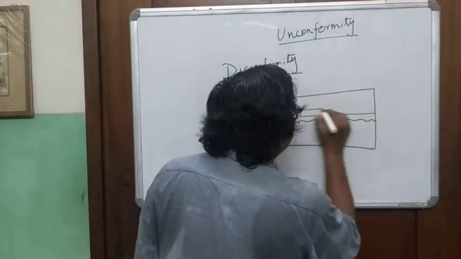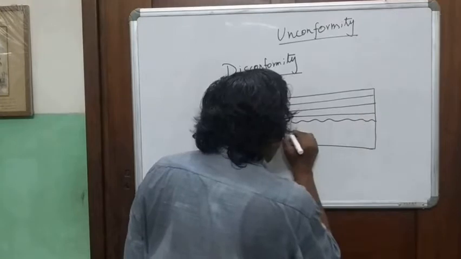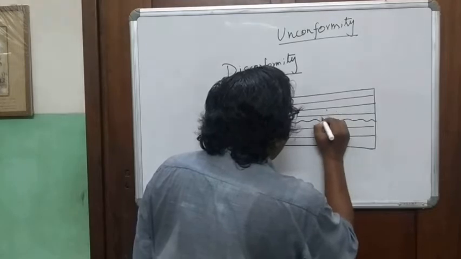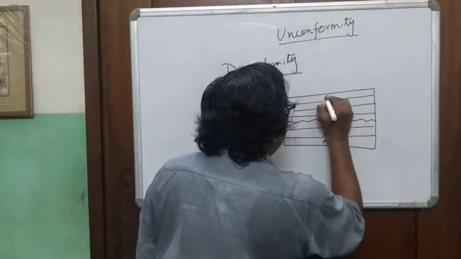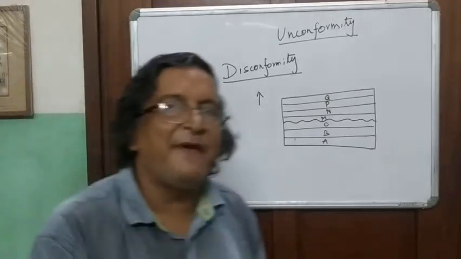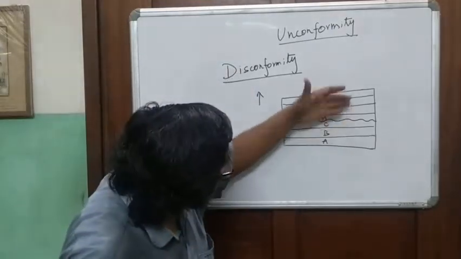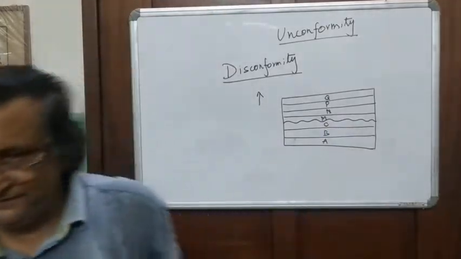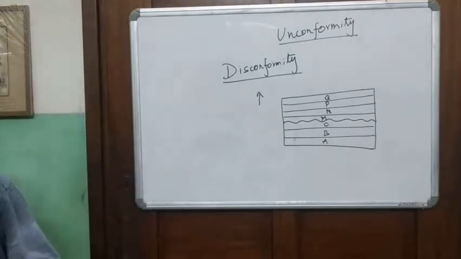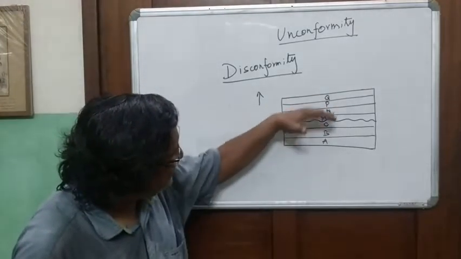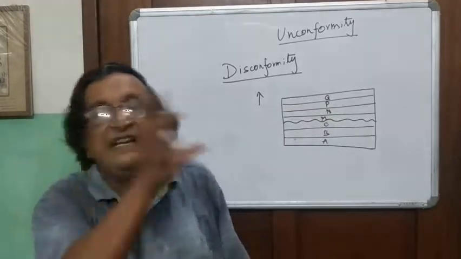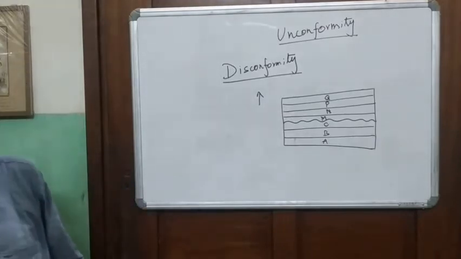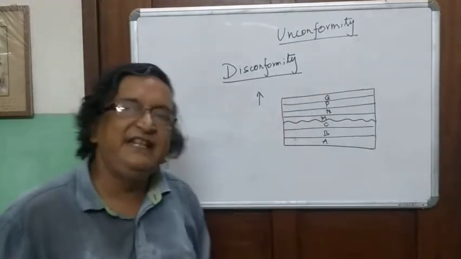There are sedimentary beds here, above and below: A, B, C, M, N, P, Q. The difference from angular unconformity is that above and below the unconformity you have sedimentary layers, but both are horizontal. They are not angular. So between this and this, there is no tilting as you saw in the angular unconformity. No tilting of the lower layer. So this is what is called a disconformity.